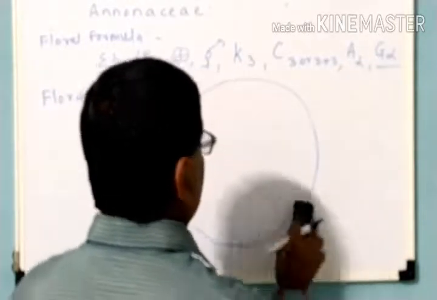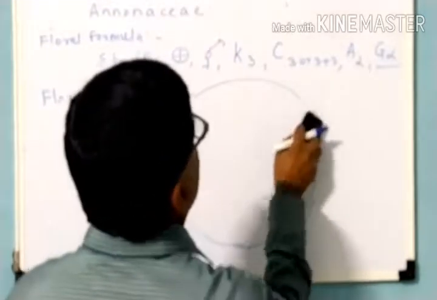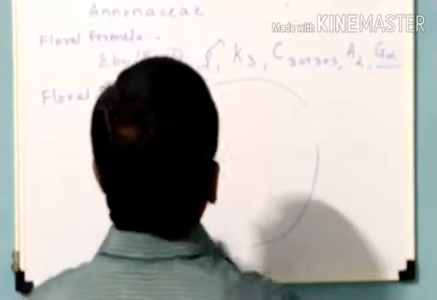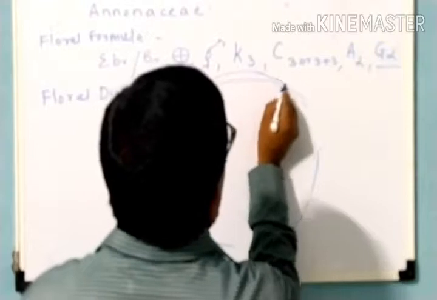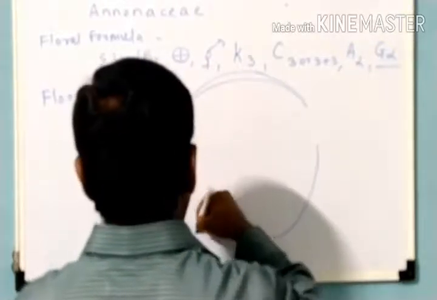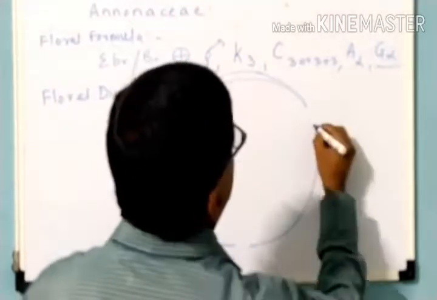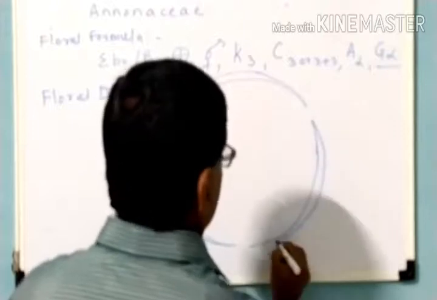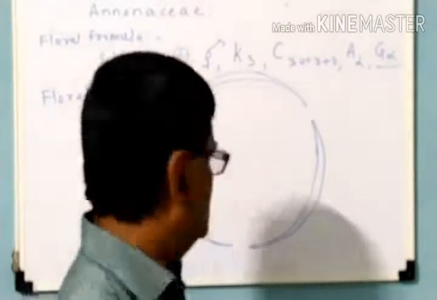So there are 3 sepals and they are present in this manner. These are the 3 sepals. You can see they are valvate. This is the whorl of sepals we have drawn.